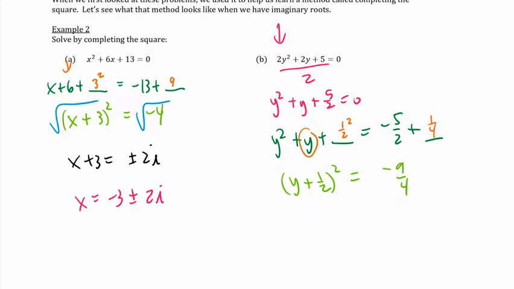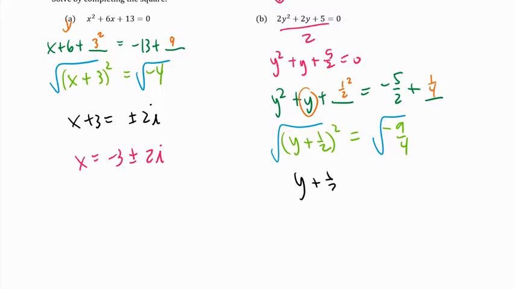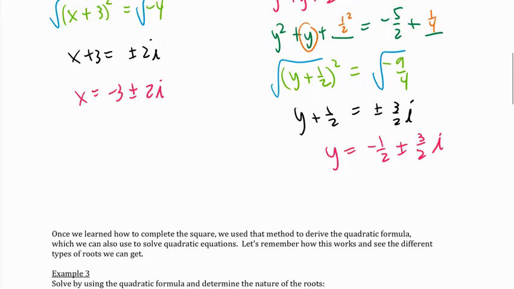Square root them. y plus 1/2 is equal to plus or minus 3/2 i. So y is equal to negative 1/2 plus or minus 3/2 i.